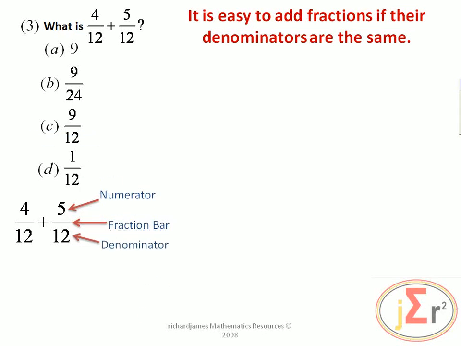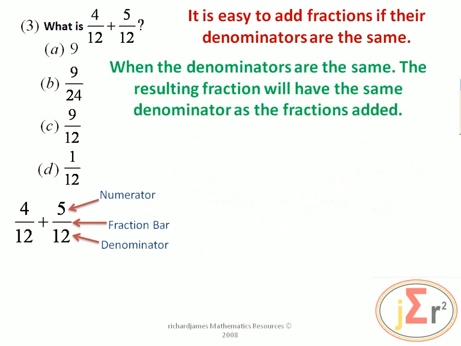The number in the lower region is the denominator, and the one in the upper region is the numerator. If we are adding fractions and the denominators are the same, then we may just go straight ahead and add those numbers. Is that right, Jerry? Yes.